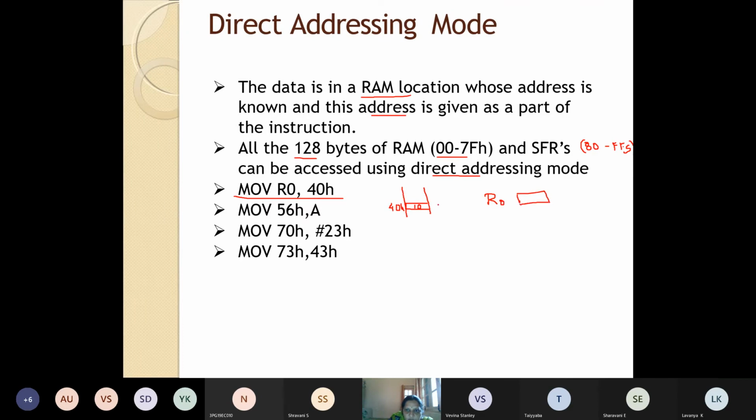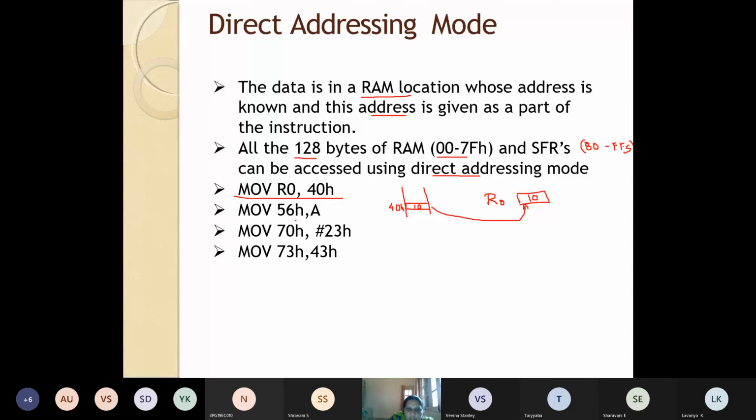If I had the hash symbol, it would be the immediate addressing mode, but I don't have the hash symbol, so it is the direct addressing mode. The address of the memory location is specified in the instruction.